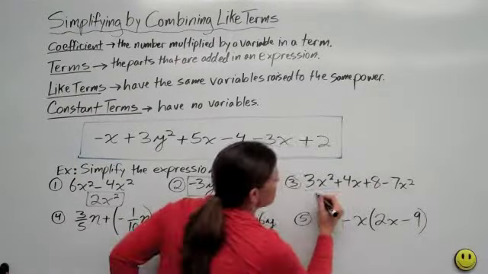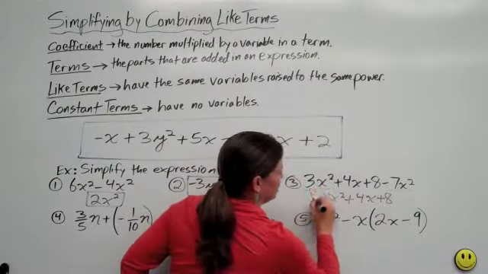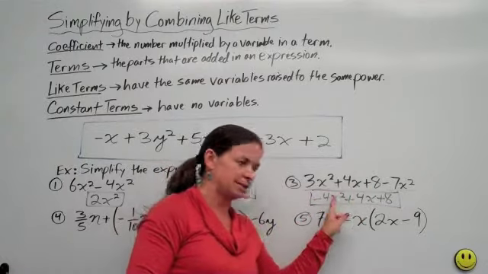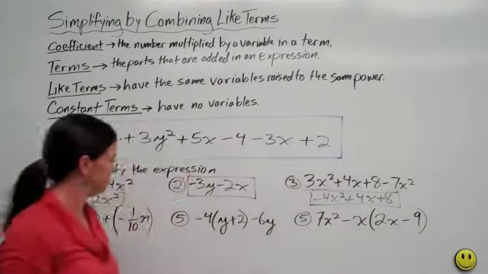All right, this is -4x squared, and then I can write everything else, plus 4x and plus 8. And that is as simplified as it can be. The other thing we usually do is we write the terms in order from highest exponents down to no exponents, the last term being our constant.